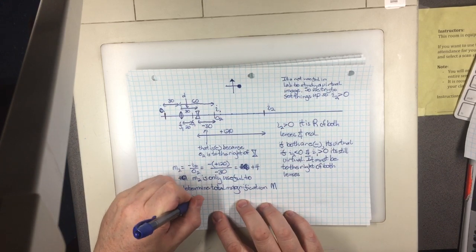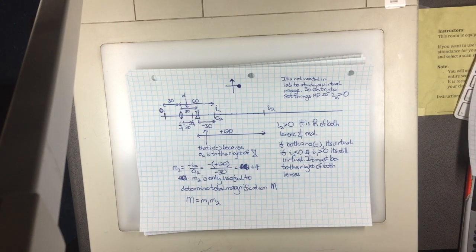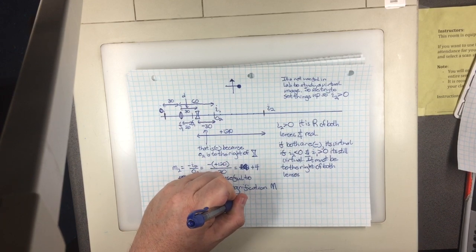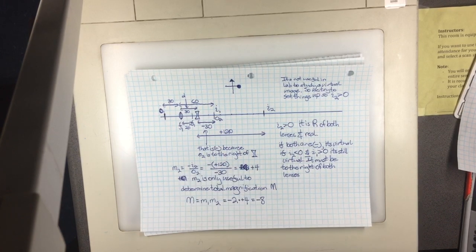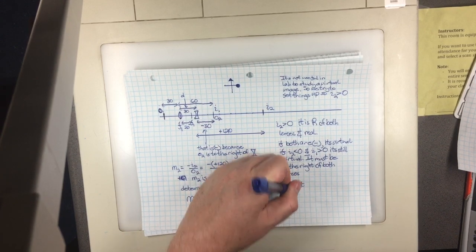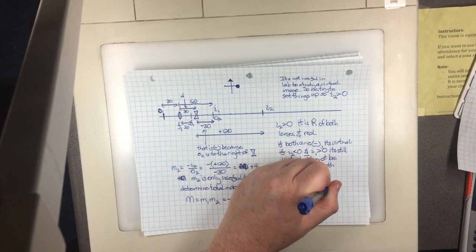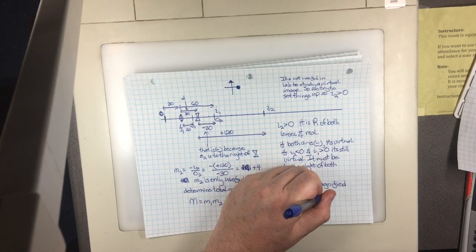Capital M is M1 times M2. So this becomes -2 times +4, which is -8. So in our final description, it is to the right, it is real, it is magnified, and it is inverted.